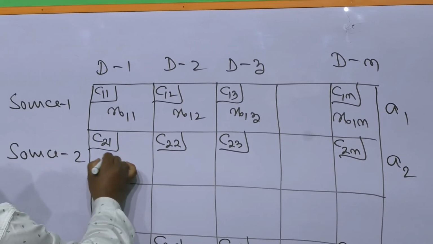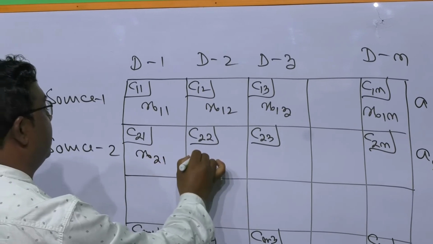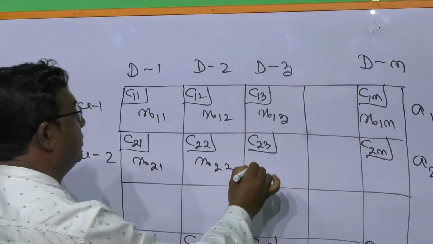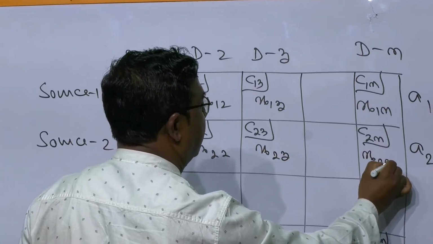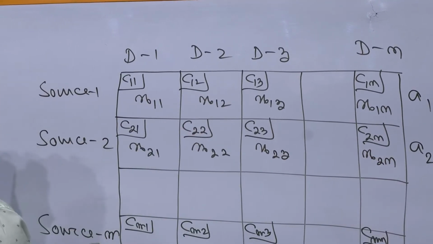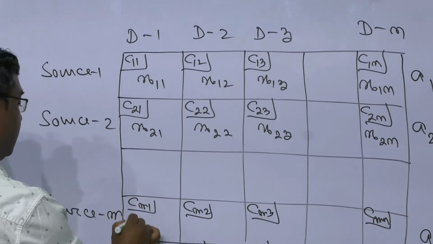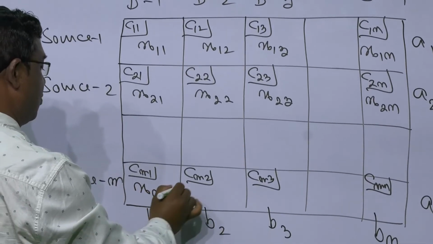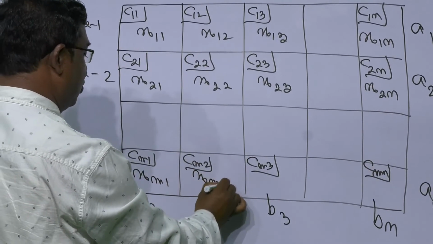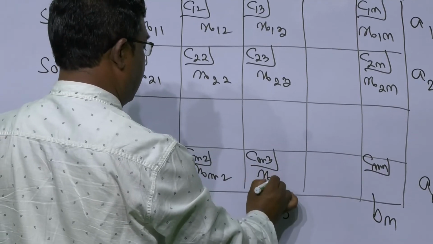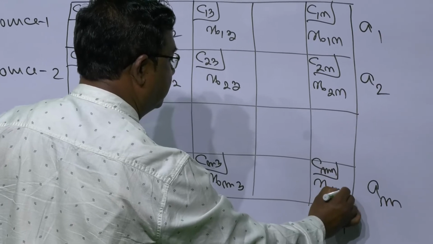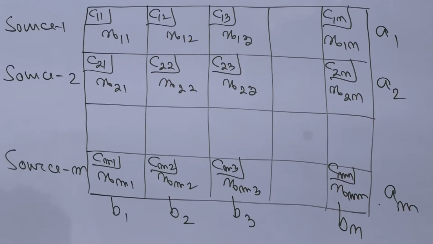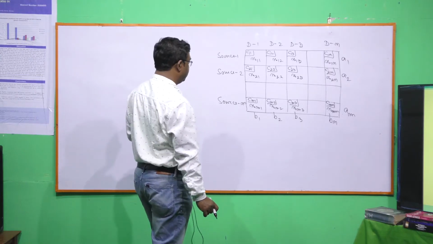From source 2, it is denoted by X21, X22, X23, X2n. Similarly, from source m it is denoted by Xm1, Xm2, Xm3, Xmn. This is the structure of the transportation table.